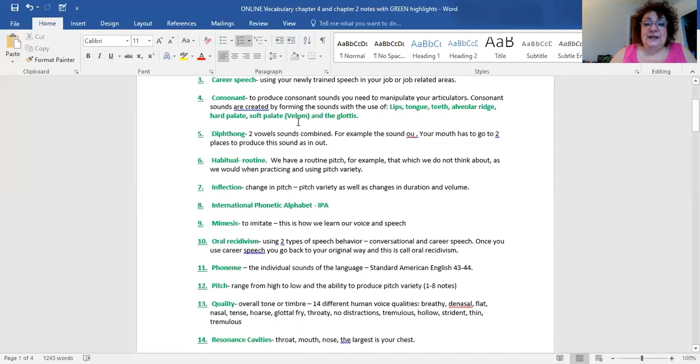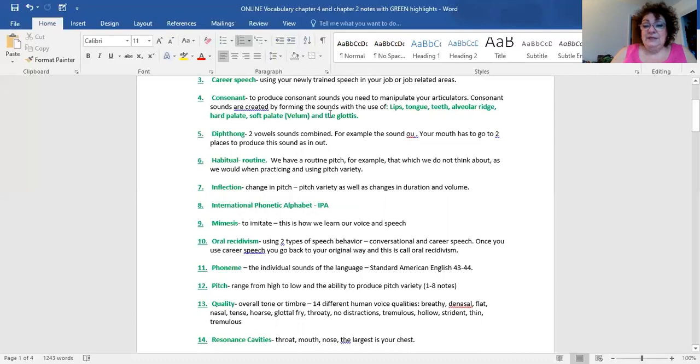Its scientific name is velum. And then we have the glottis, which is the space between the vocal folds. So before, in another lecture, I had shown you vocal folds. When they're talking, they move. When they're sleeping, the space between them is the glottis. And again, if you wanted to Google glottis, there'll probably be expert photos for you to see.